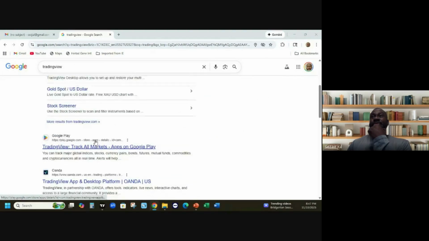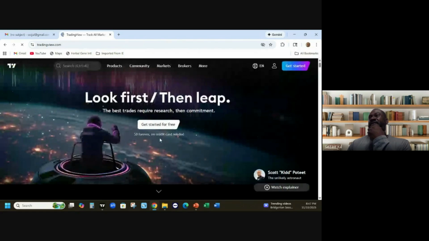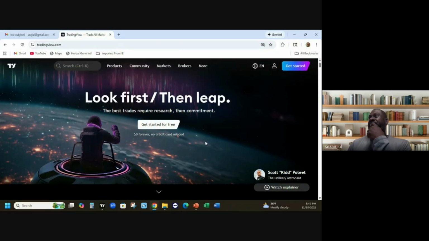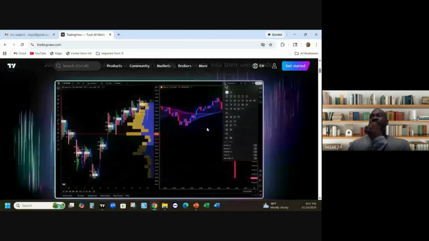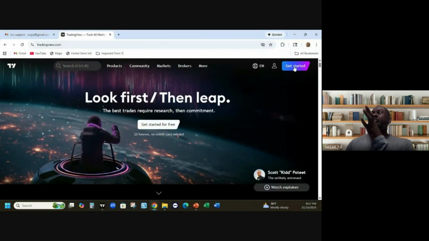What you're going to do, you're going to open TradingView. That's the software we're going to use. You can get started for free, $0, no credit card. Then you're going to click Get Started. You can download it to your computer, and once you do, you're going to create a username and password and put in your email information.